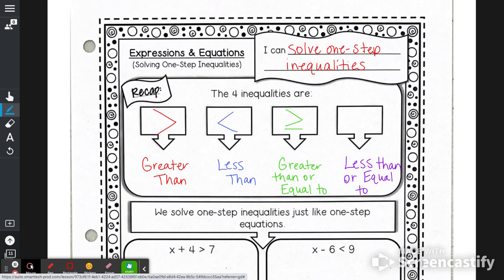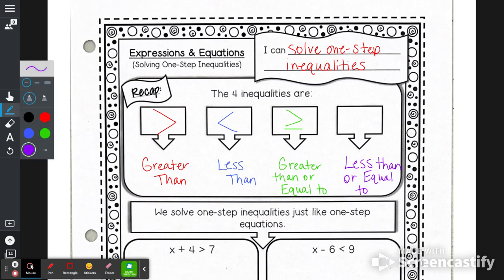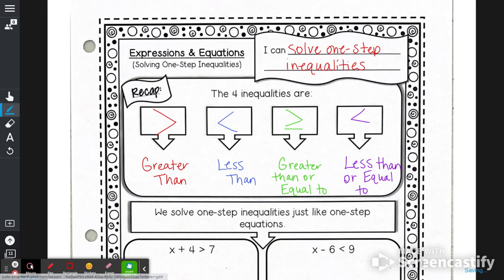And how do we write less than or equal to? To the right. Absolutely. So it's still open to the right, but now we have half of our equal sign directly below it. And that means that the x could be equal to or greater or less than.